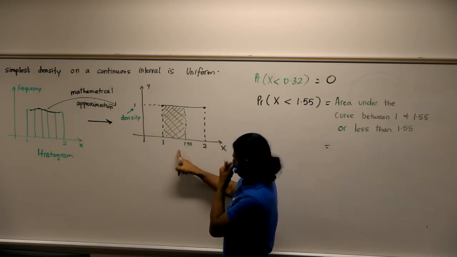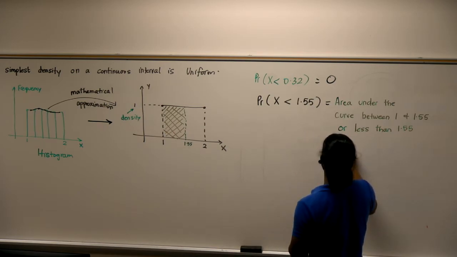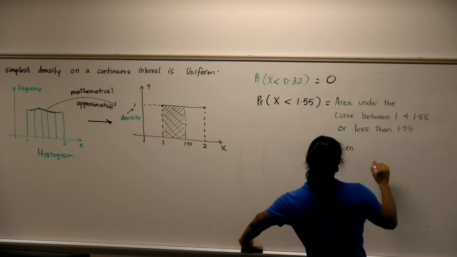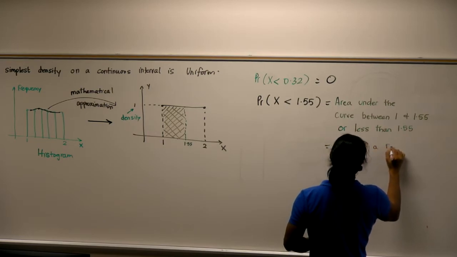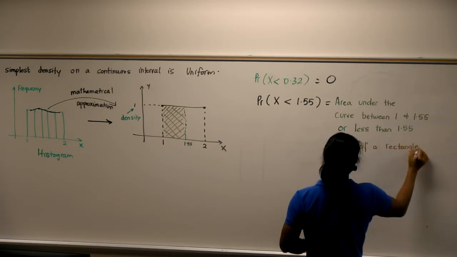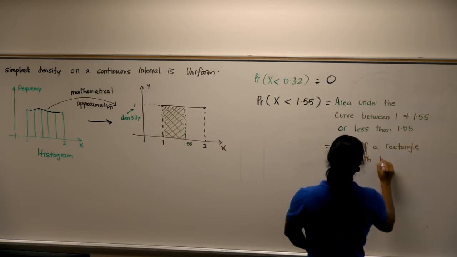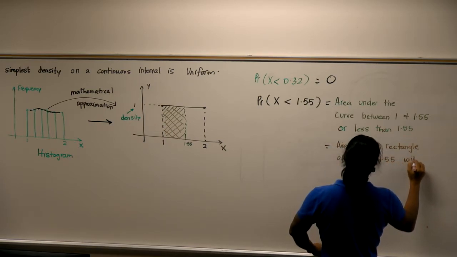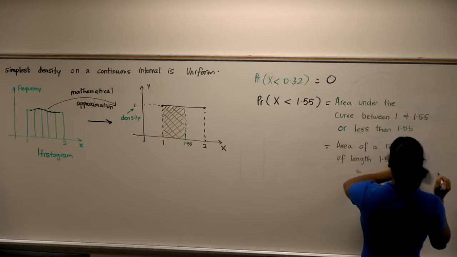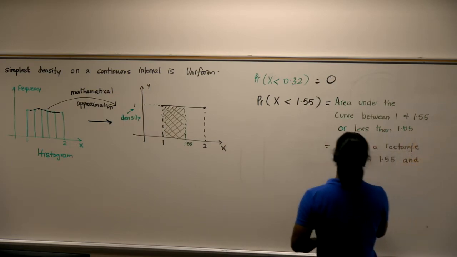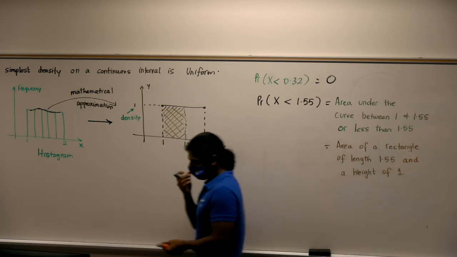The base of the rectangle has a length of 1.55 minus 1, which is 0.55, and a height of 1.